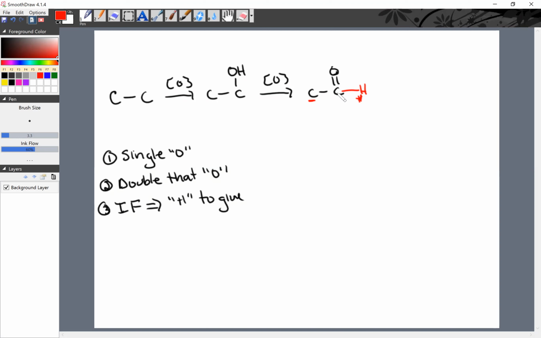If that hydrogen can be lost, then you may put one more on. So if the answer to that question is yes, then you can put one more single oxygen on it. And for us, that would be as oxidized as we would get.